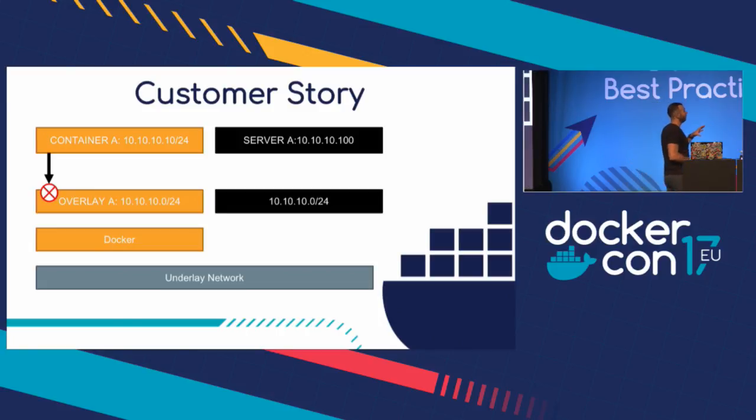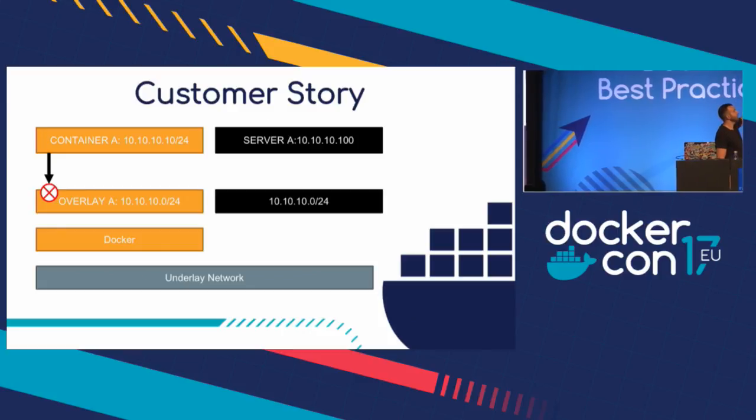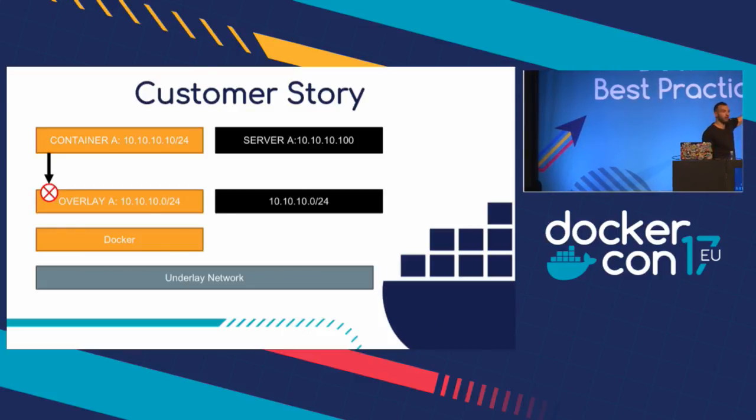And imagine that you created your overlay, and it randomly used the default 10.10.10.0/24. If your container is trying to reach the actual underlay-based server, Docker will not understand that, because it falls under the same subnet, and it would think that it's a different service on the same overlay within the Docker cluster. That means it's going to be black holing the traffic.